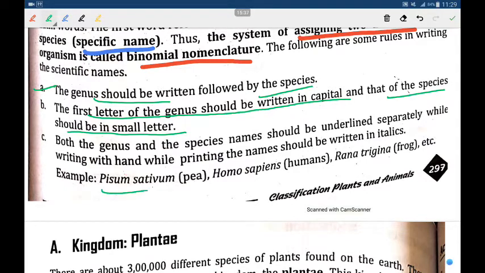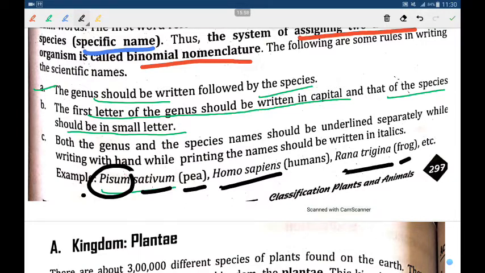Look at your example, Pisum sativum. P is capital here, but s is small. Homo sapiens also, first is capital, the rest are small. For frog, the generic name starts with a capital.